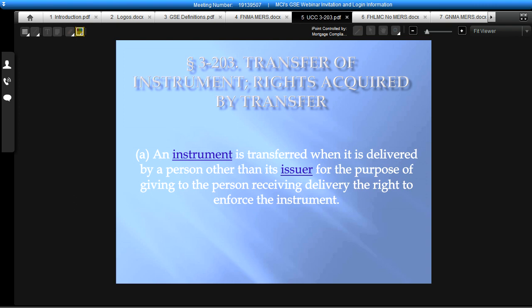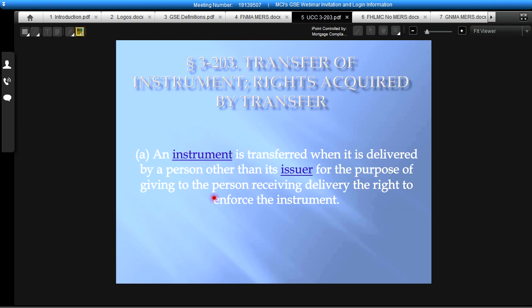Again, it's not talking about ownership, it's talking about rights acquired. A defines what is to be done. An instrument is transferred when it is delivered by a person other than its issuer for the purpose of giving to the person receiving delivery the right to enforce the instrument.